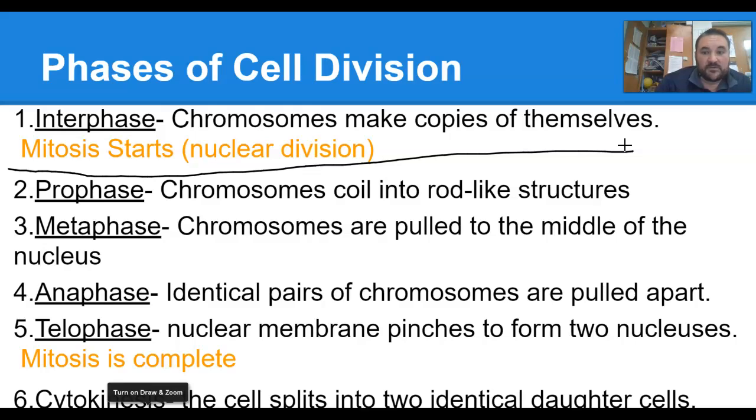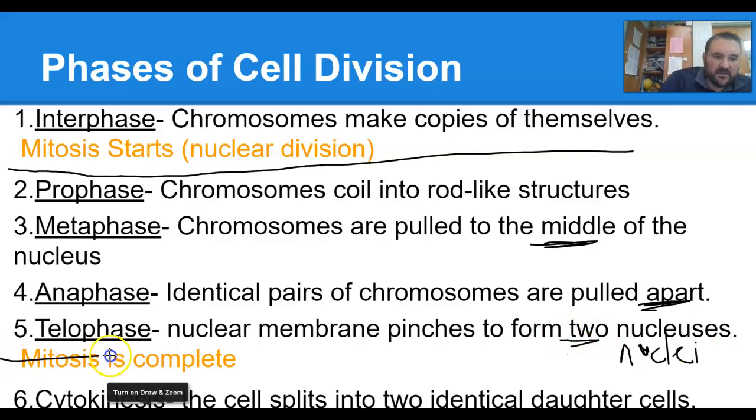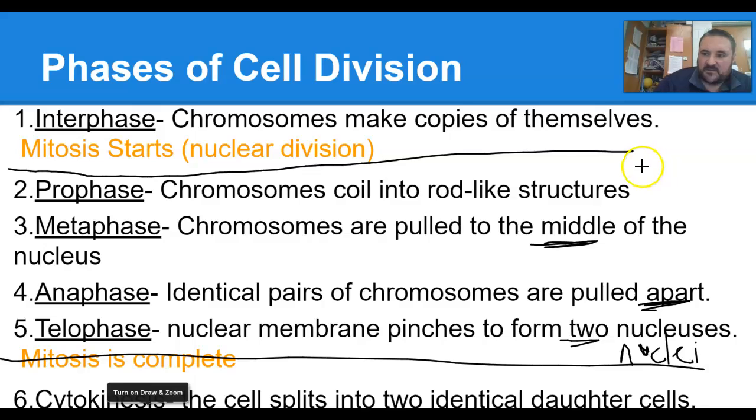Prophase, you coil into your chromosomes. Metaphase, they align in the middle. Anaphase, they are pulled apart. And then telophase, which is my bad here, this should be nuclei. The English teachers aren't going to like me, but 2 of them. That is the end of mitosis. These here are where mitosis is.